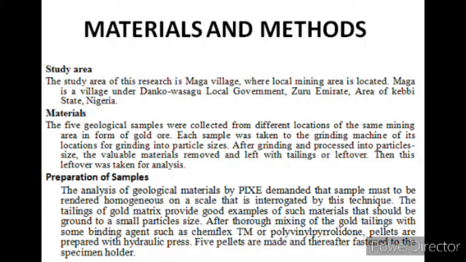The tailings of gold matrix provide a good example of such material that should be ground into a small particle size after thorough mixing of the gold tailings with some binding agents such as Kenflax TM or polyvinyl pyrrolidone. Pellets are prepared with a hydraulic press. Five pellets are made and thereafter passed into the specimen folder for the analysis or irradiation.